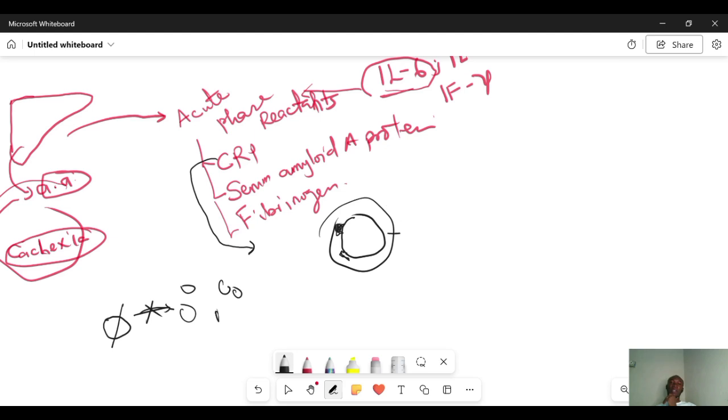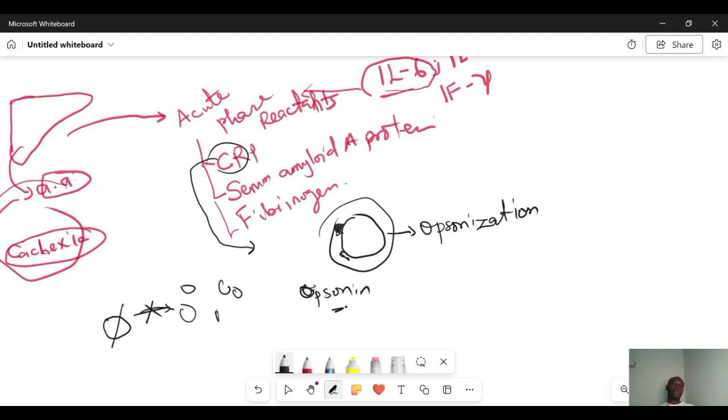Now this whole process is called opsonization. As a result of this, C-reactive protein is said to be an opsonin.